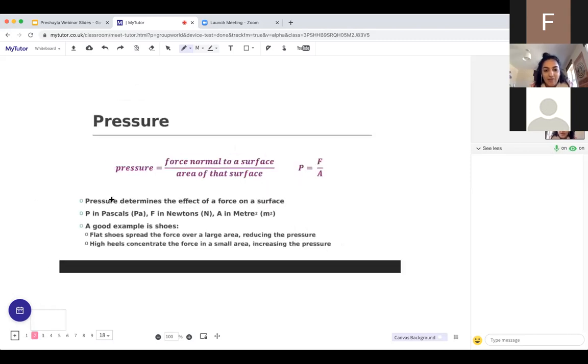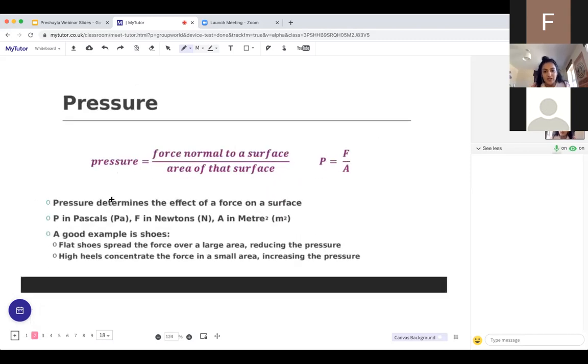And then we have this equation for pressure. Pressure is how force is spread over a certain area. So how widely spread that force is over a certain area decides what the pressure is. It's the force normal to a surface divided by the area of that surface.